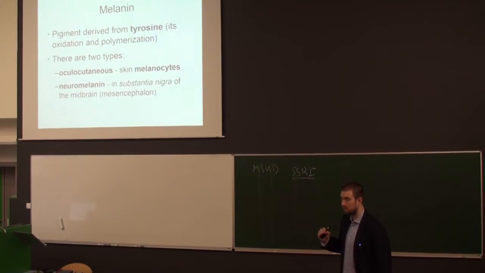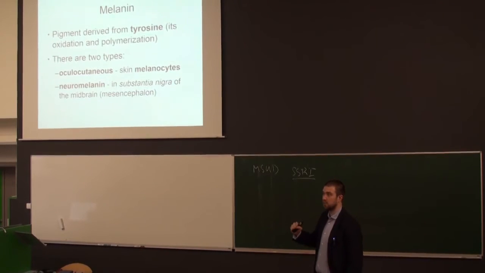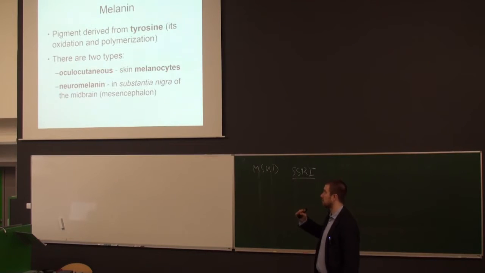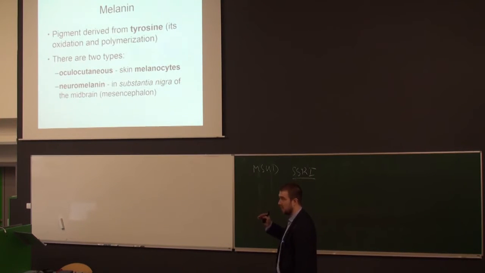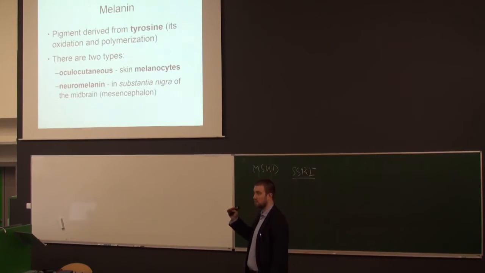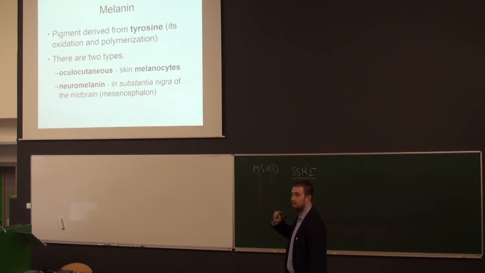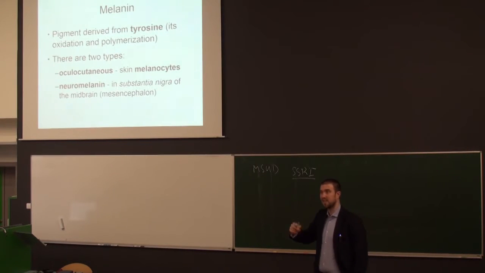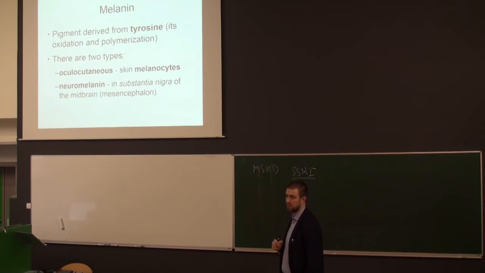So you can remember that tyrosine gives you dopamine as the biogenic amine, plus tyrosine gives you melanin, and therefore something that's black in your brain, that means substantia nigra, must have something to do with dopamine, and altogether it's coupled together in Parkinson's disease.